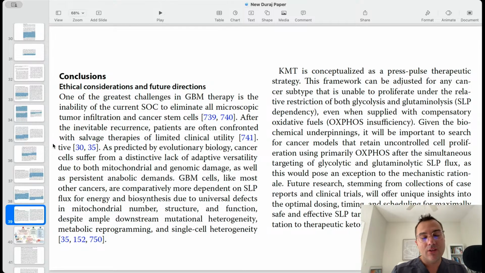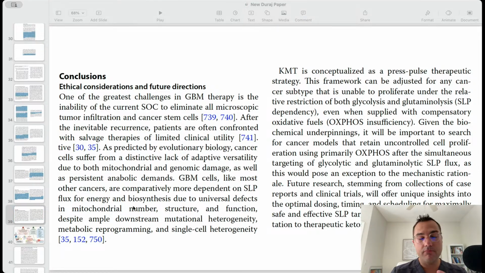Basically, they're going to keep looking for cancer subtypes that don't rely on glucose and glutamine. They haven't found one yet, but they will keep looking.